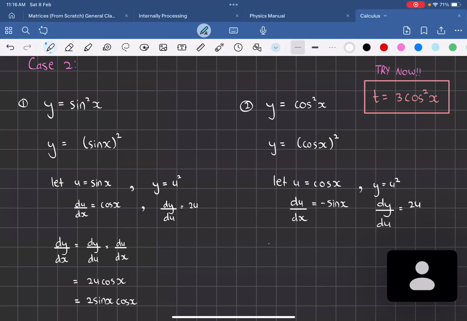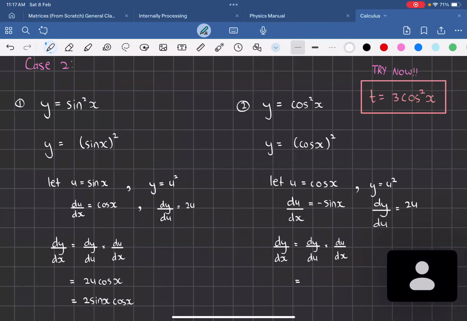To get back my answer, I multiply dy du by du dx. So dy du is 2u, by minus sine x.